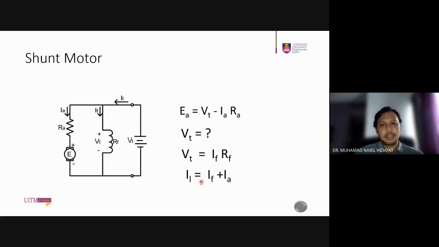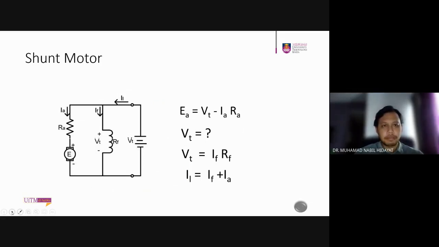Your input current I input equals IF plus IA. These will be the equations to explain the circuit.